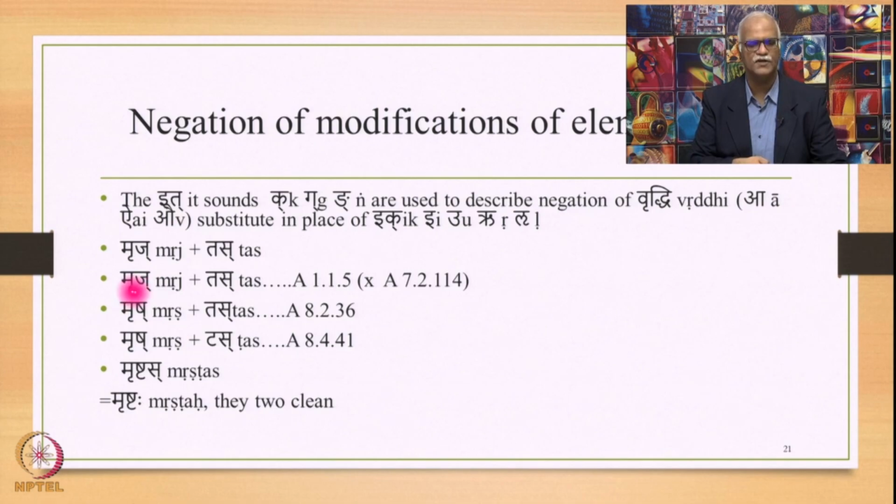This vriddhi substitute is stated, in general, by 72114, but now because this is a ngit suffix, 115 will negate this vriddhi. So it will not become marj, it remains mrij. Then j is substituted by sh, sh causes t to get substituted by t, and so finally we get the form mrishtaha. Here there is no vriddhi, that is negated by 115 because the suffix is ngit, having the marker ng in it.